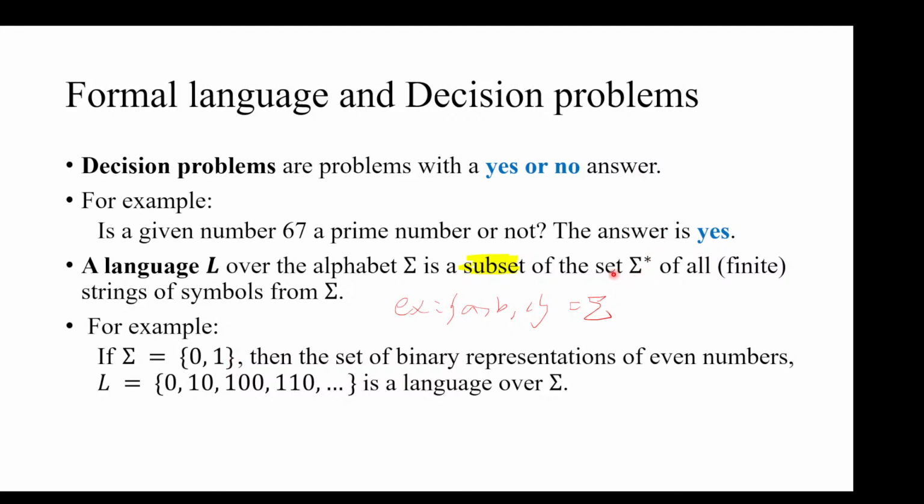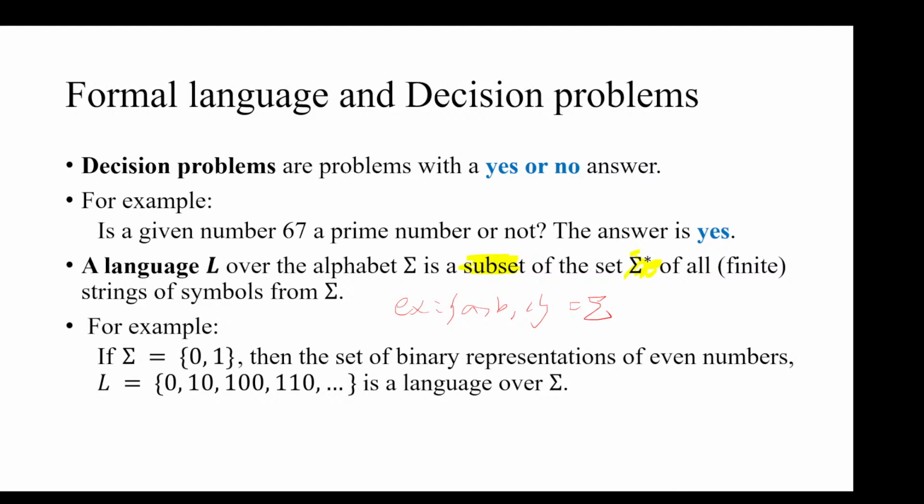Then we have this weird notation. The alphabet to the star means a string consisting of this alphabet of arbitrary length. I guess this is a generalization of the notation of sigma to the power of something.